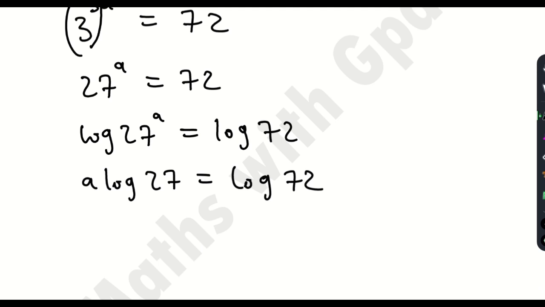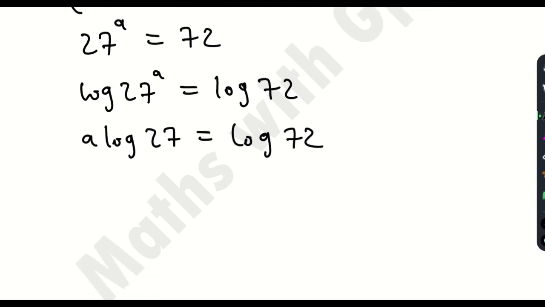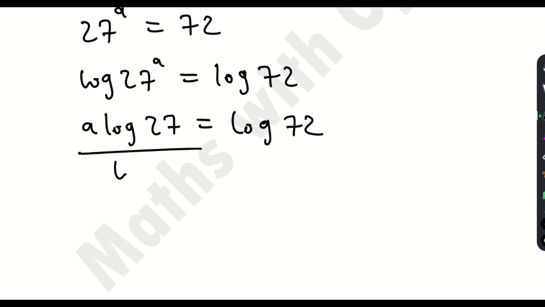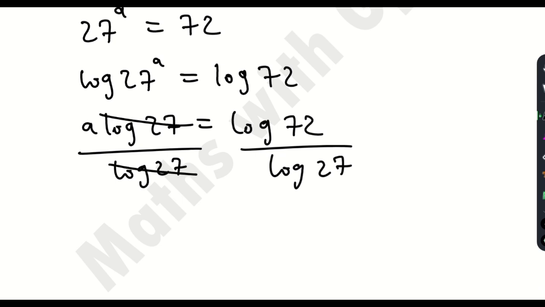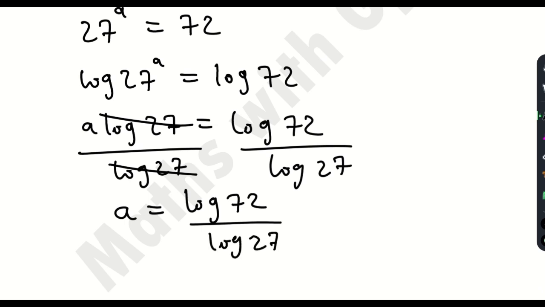Now let's divide both sides by log 27 since we need to get the value of a. So this cancels this and a is equal to log 72 over log 27.